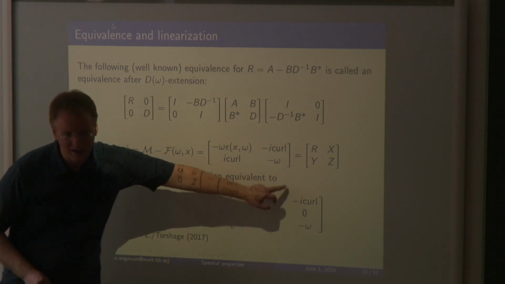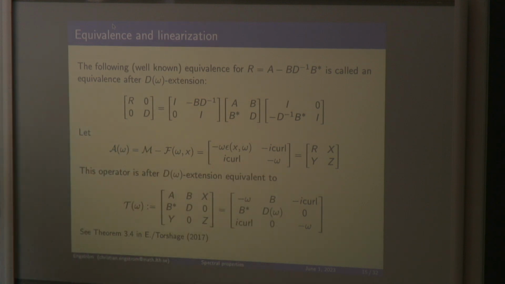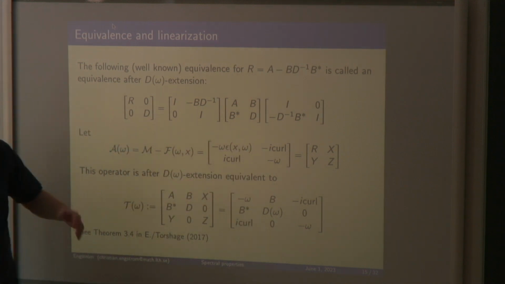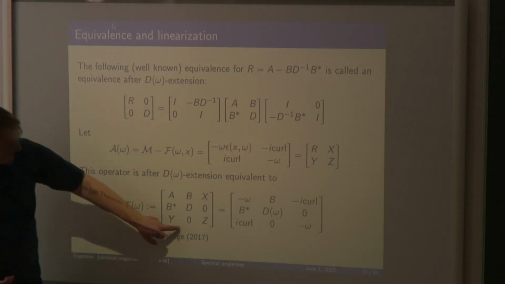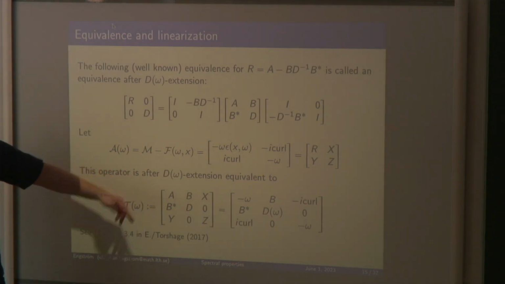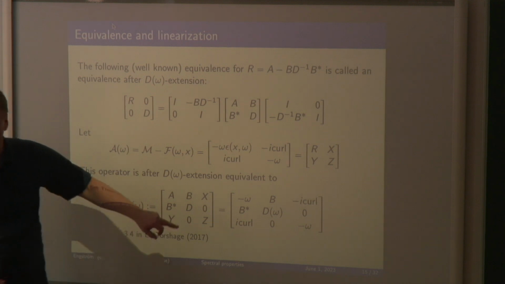You extend with a D, but then we have done some reformulation for computational reasons. And you can see that the spectrum of this block operator matrix after this extension is actually the same as the spectrum of this one. You have to believe me.